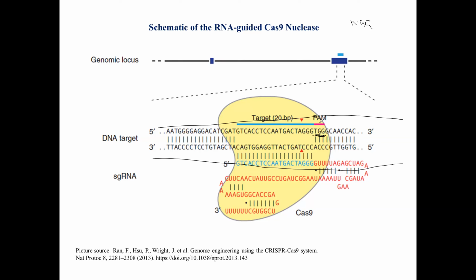Now suppose the Cas9 binds to this TGG. First it clings to the TGG. Then it will try to denature. You know what denaturing is, right? It will try to break the hydrogen bonds, and the double-stranded DNA will become single-stranded, at least locally.